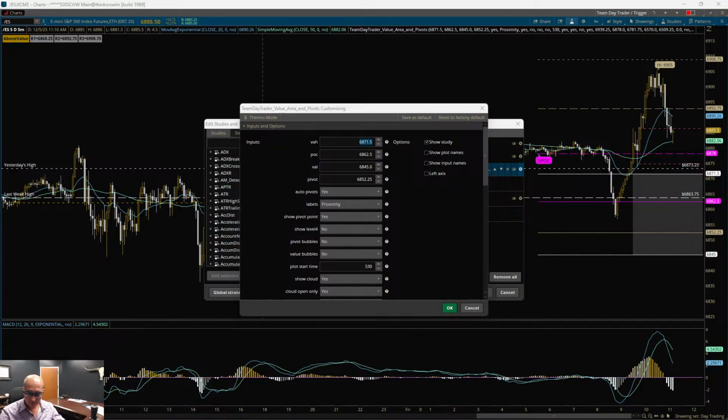68.68. 68.75. 68.54 and a quarter. And then the pivot point is 68.59.50.